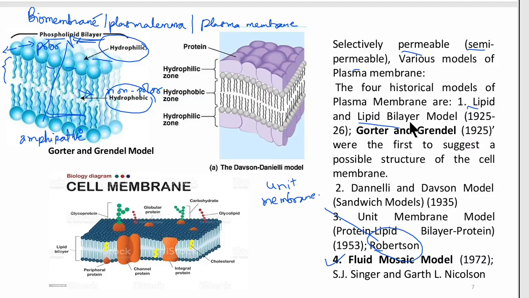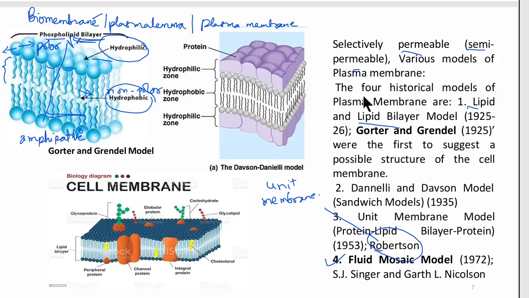Before it, in 1895, Robertson found that fat-soluble substances pass easily through the cell membrane. He therefore concluded that the cell membrane contained lipid. The existence of the lipid layer was confirmed by an experiment on wetting the cell membrane with oil. A drop of oil placed in contact with the cell spread over and adhered to the cell surface.